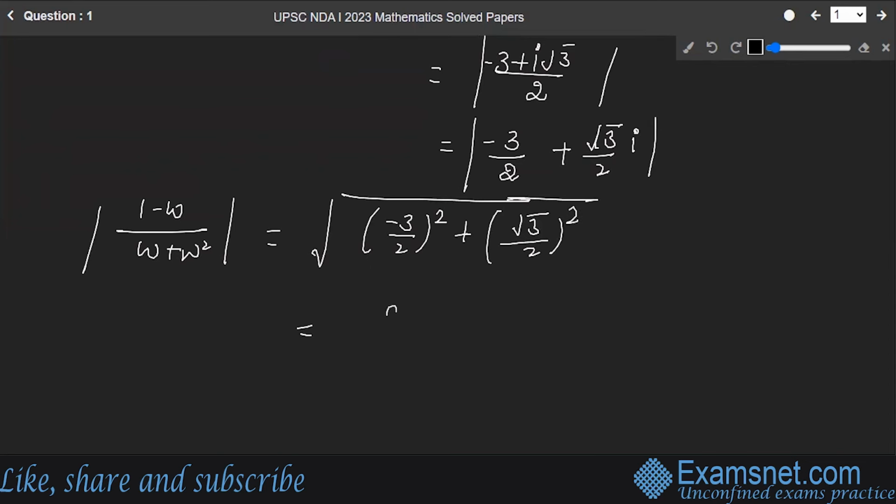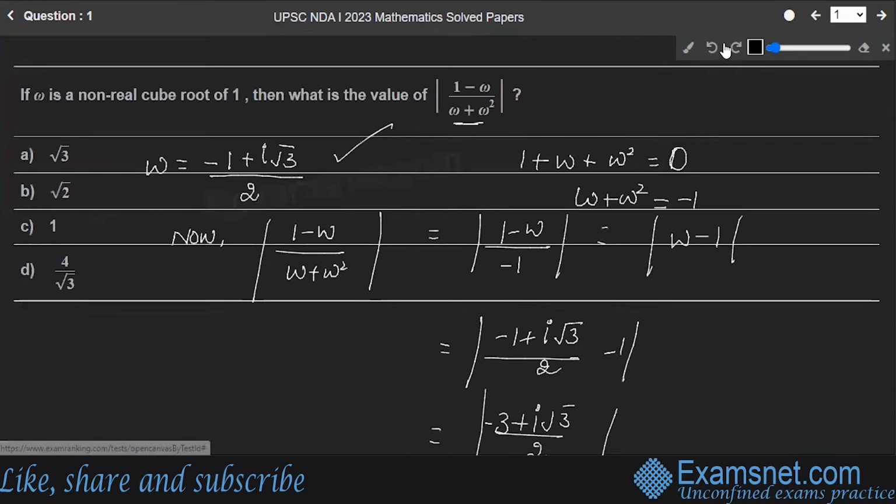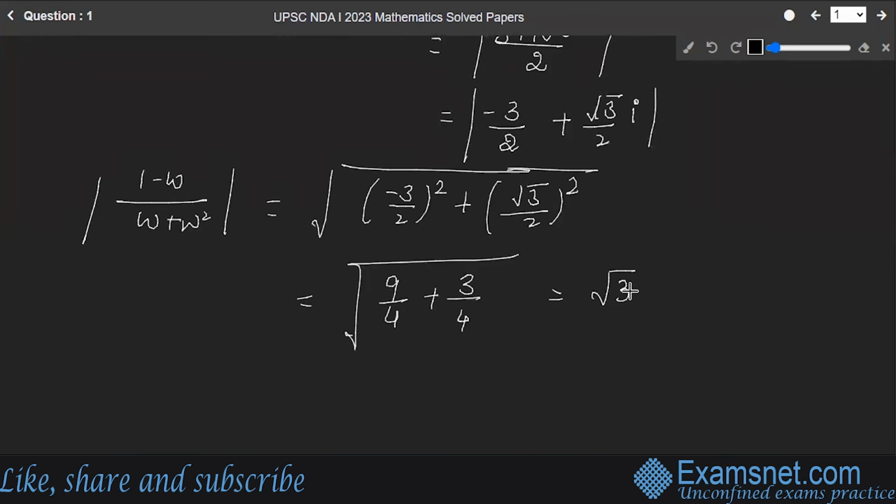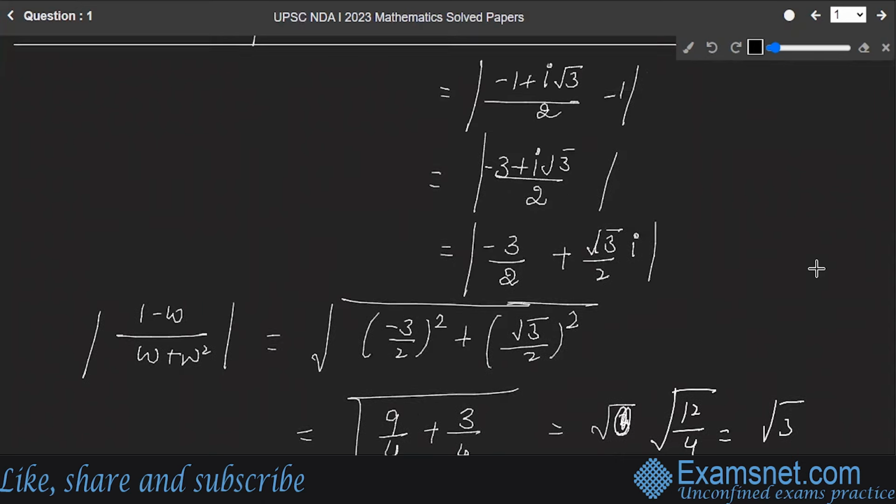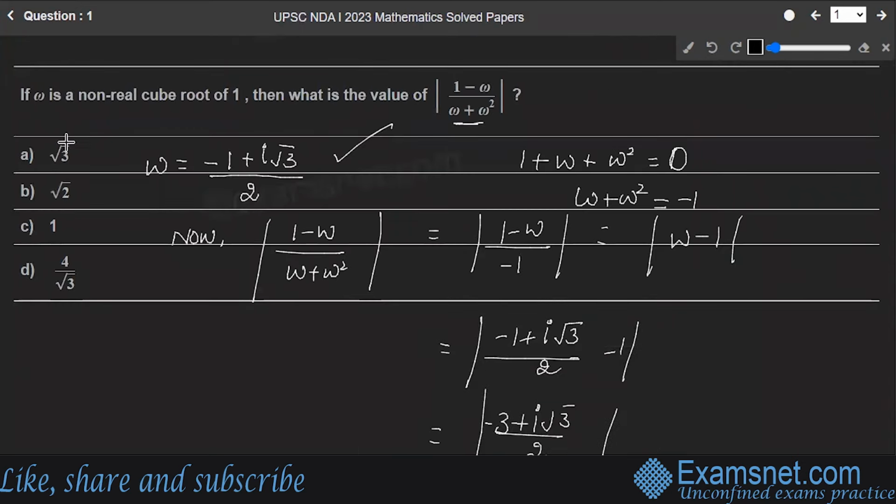This is equal to 9 by 4 plus 3 by 4, that is equal to root of 12 by 4, that is root 3. Okay, I'll solve it. So this is root 3. This is the answer to this question. Let's check. We have option A as the correct answer.